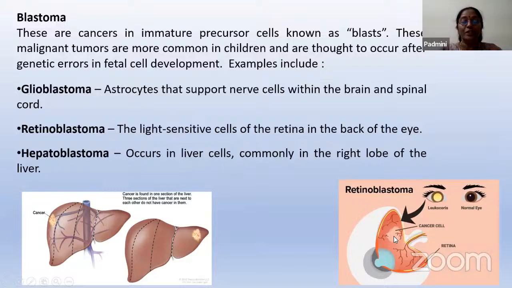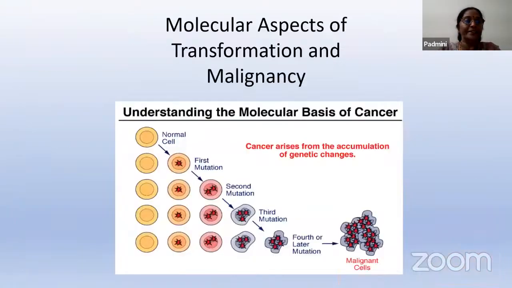So that's called retinoblastoma, affecting the light sensitive cells of the retina in the back of the eyes. Hepatoblastoma: cancers occurring in the liver cells, called hepatic cells. Hepatic means liver. So hepatoblastoma is cancer occurring in the liver cells. Mostly it is on the right lobe of the liver, but sometimes conditions can differ, and you can also find it on the left lobe of the liver. So that is blastoma cancer cells.